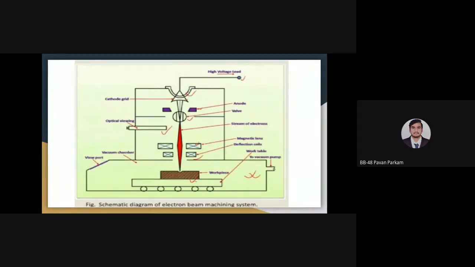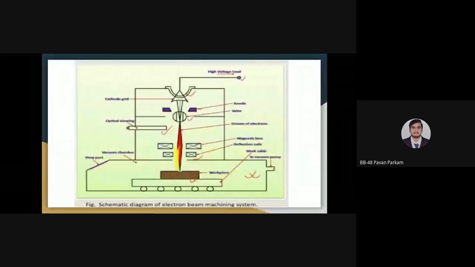So it reduces the diameter of that electron beam, to pass that electron beam towards your workpiece. So your magnetic lens concentrates your electron beam into a smaller diameter beam.